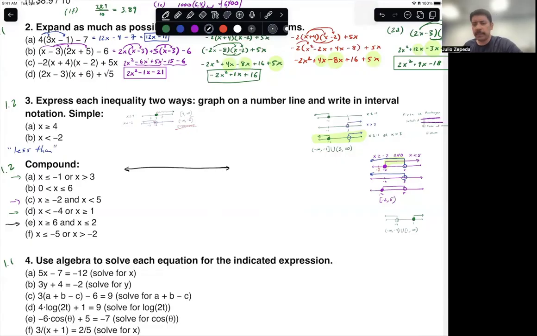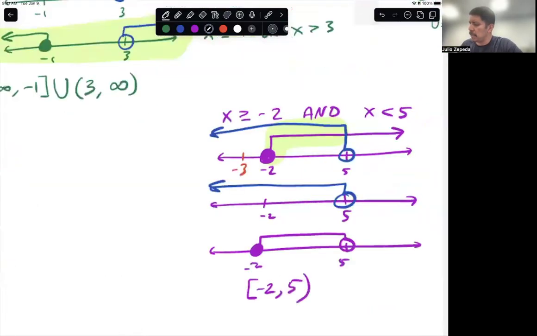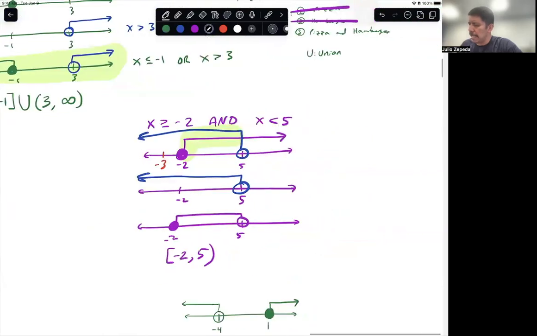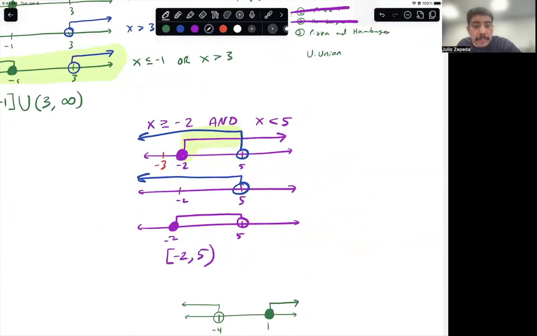If you watched the previous video, you would have seen this problem here: x is greater than -2 and x is less than 5. So x is greater than -2 is, in interval notation, -2, comma, infinity. And you can see that there in purple. Or, sorry, and x is less than 5.